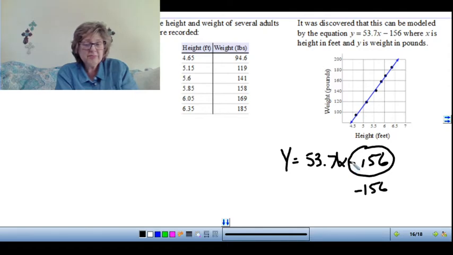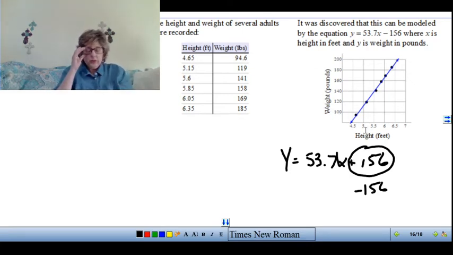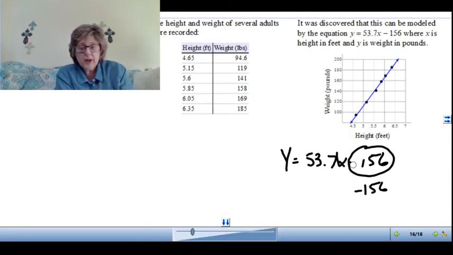But let's just assume that had been a positive 156. Well, what would that have meant then? It would have meant that starting at 0, we started at 156 pounds. So sometimes, especially if that's a positive value or if it's inside of my data, if it's a good number, then we can interpret it as a starting value or an initial starting point for this graph or for my information.